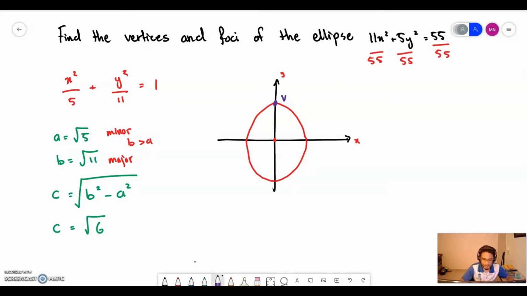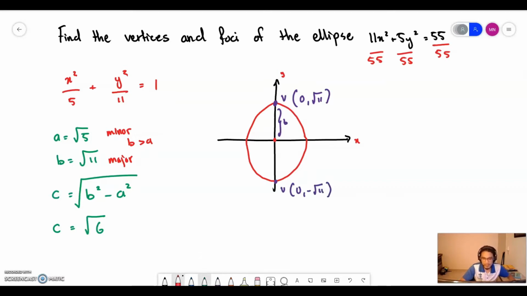Given that the length of b, so this is the length of b, is square root of 11. So our position for this vertex will be 0, square root of 11. And meanwhile, the vertex down here will be 0, negative square root of 11.